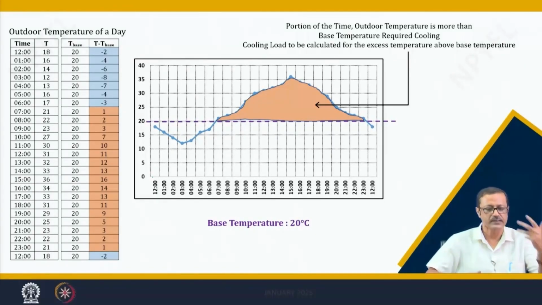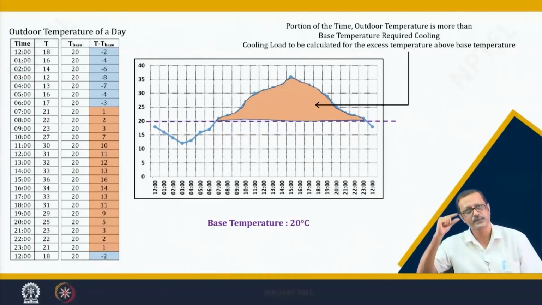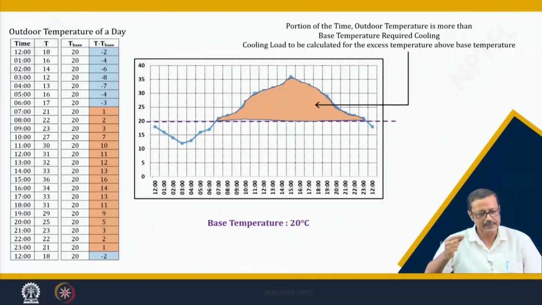At 7 o'clock in the morning 1 degree has to be brought down, at 8 o'clock 2 degrees, and similarly at 12 noon almost 11 degrees. The total is the sum of these hill-like portions above the base temperature of 20 degrees.